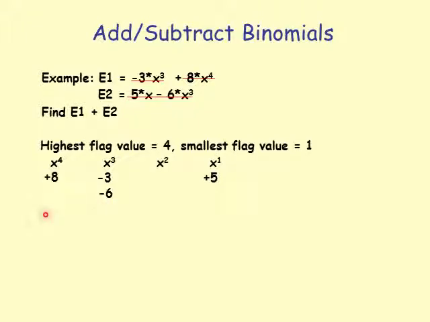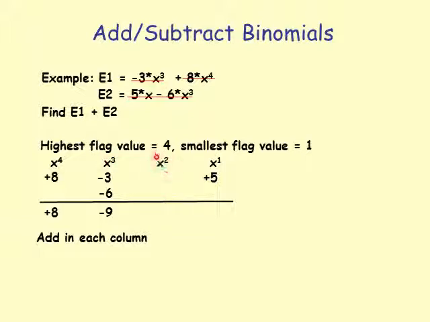Now we would add the numbers in each column. So what do we do here? This is 8, only one number here, so plus 8 is the value. The result has a plus 8 times x fourth. Next, minus 3 and minus 6, add them up is minus 9, and that's minus 9x cubed.